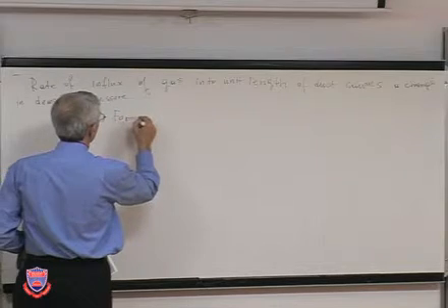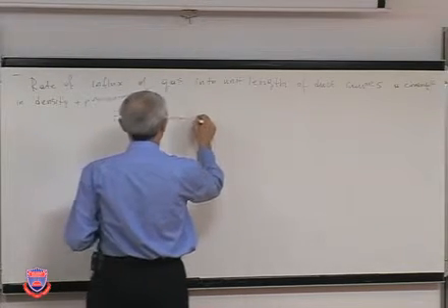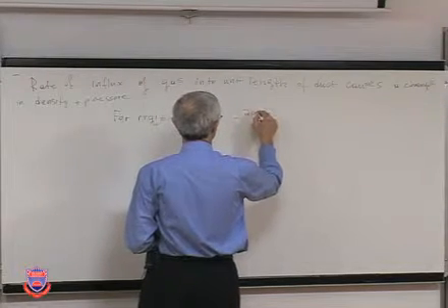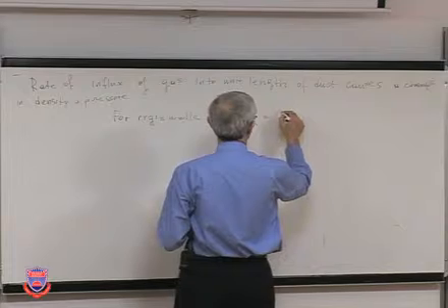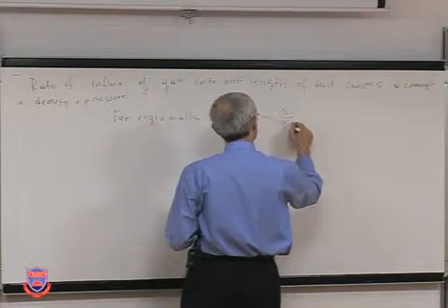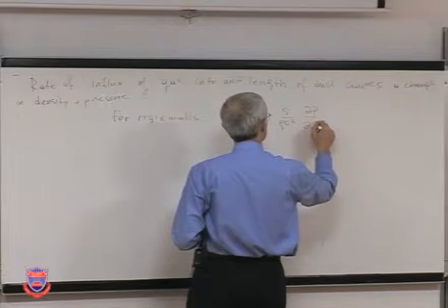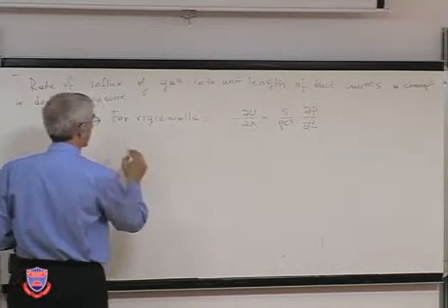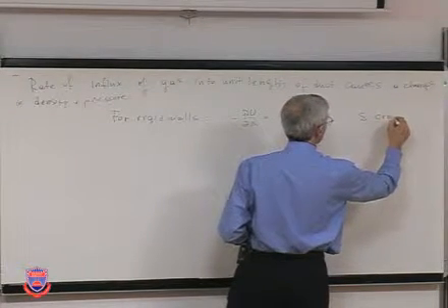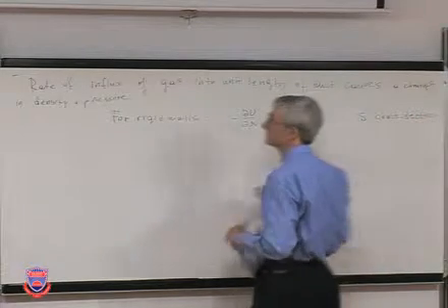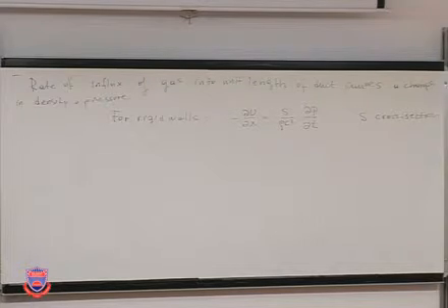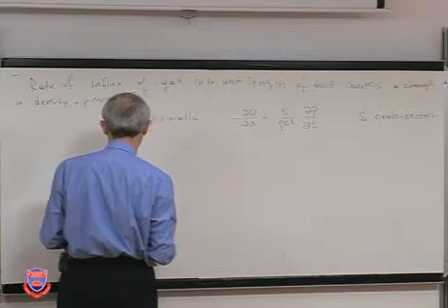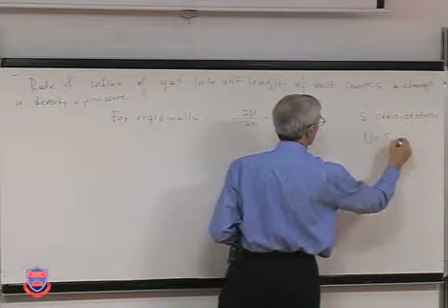Remember, for rigid walls, the continuity equation, and S is the cross section. And velocity is S times particle velocity.